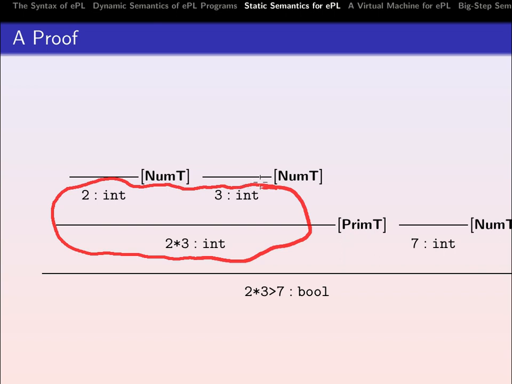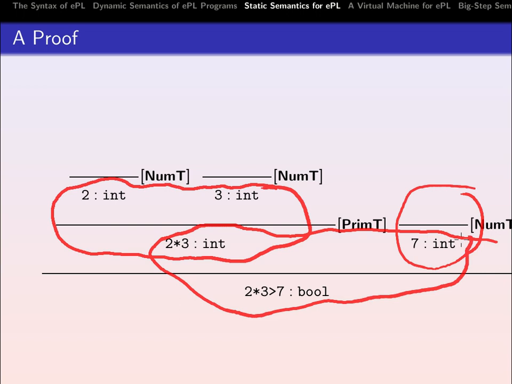Now 7 has type int here, and this is an instance of the primitive rule. And then we can look at this as an instance of a rule, and 2 times 3 already established has type int. 7 already established has type int. So 2 times 3 greater than 7 must have type bool. All right?